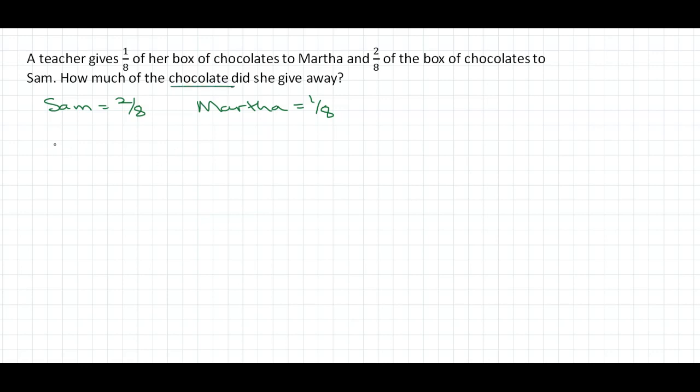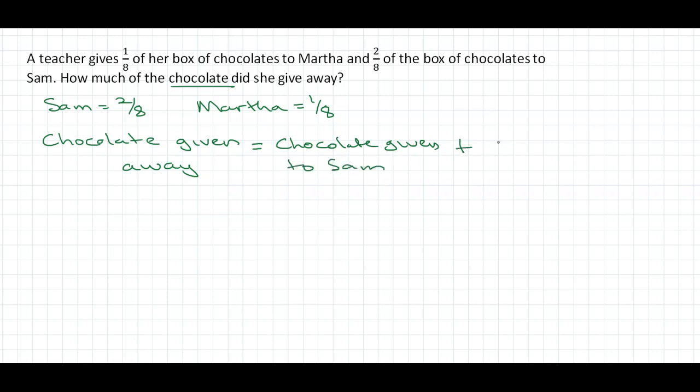So let's look at the way we're going to do this. I'm going to write a word equation. So how much chocolate given away? I'll say chocolate given away is equal to chocolate given to Sam plus chocolate given to Martha.